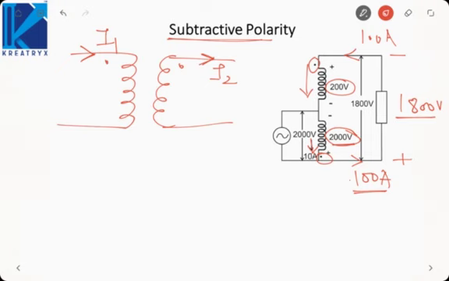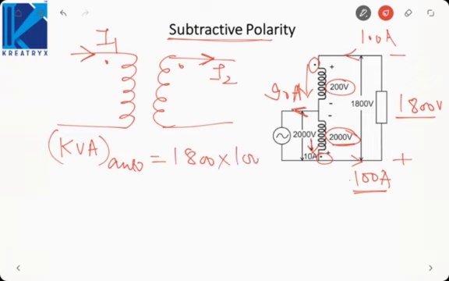Now by KCL what I can say? Current going here will be 100 minus 10, that is 90 ampere. Okay. Now if we want to find out kVA rating of auto transformer, it is 1800 into 100, that is 180 kVA.